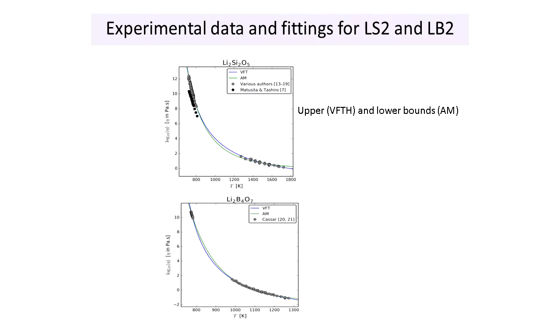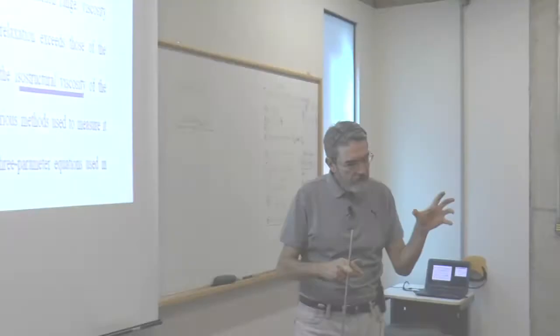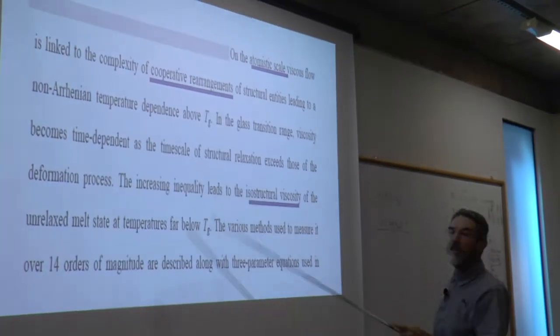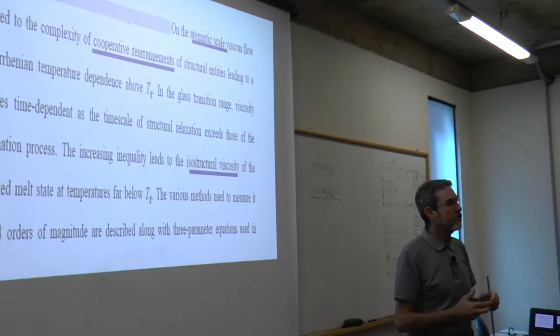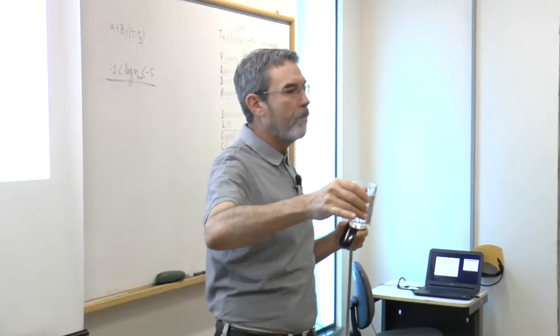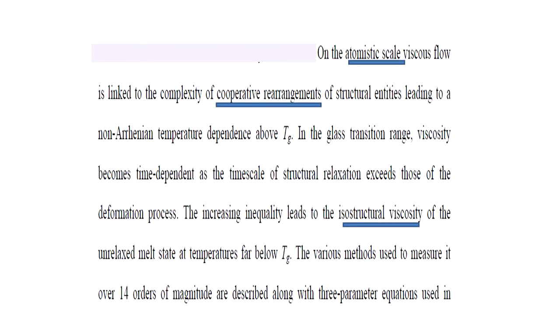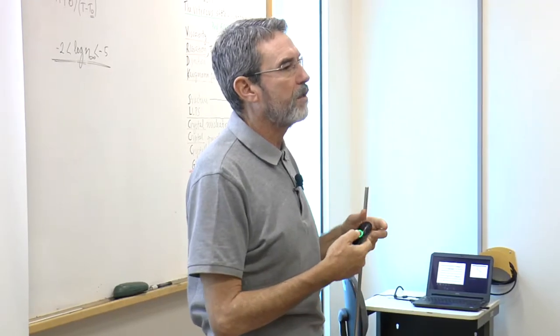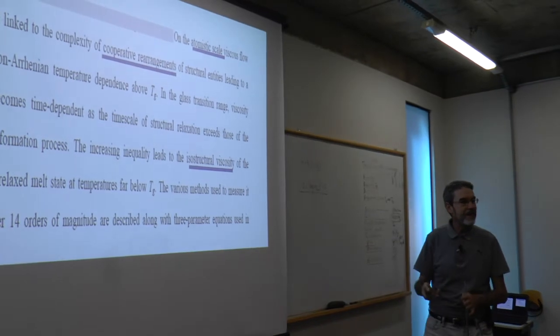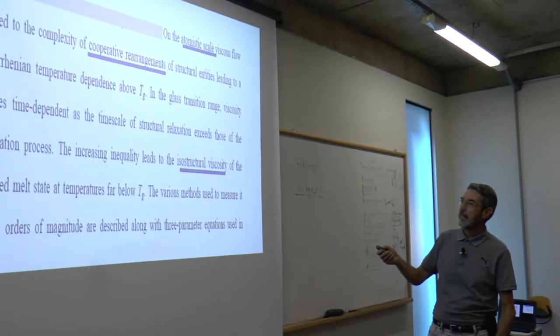Now, just to remind you, what happens during viscous flow on an atomic scale? On an atomic scale, we have already mentioned cooperative rearrangements, because this is a viscous liquid. In water, there are likely no cooperative rearrangements. Each water molecule moves almost independently of the others. But in a very dense viscous liquid, there must be some sort of cooperative rearrangement of whatever structural entities your glass has.